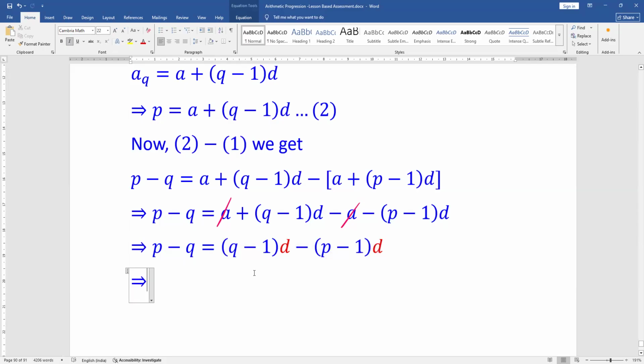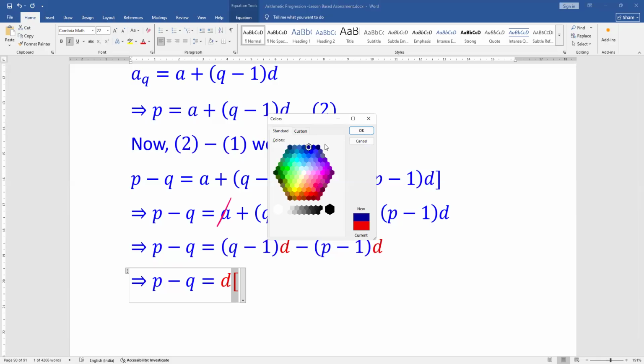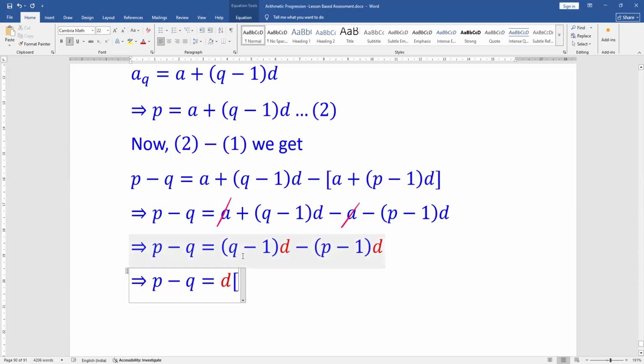So right, like this: P minus Q equals, now take out T here and write it here, then inside the bracket write Q minus 1 minus (P minus 1).